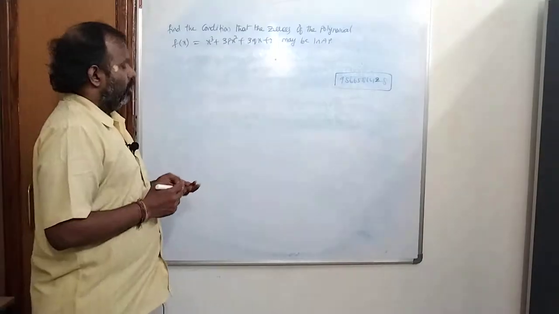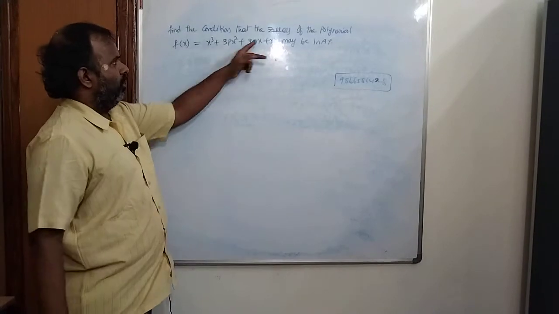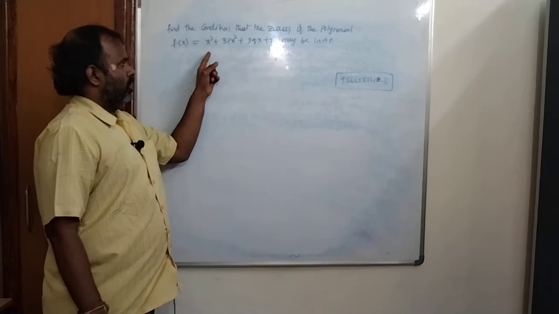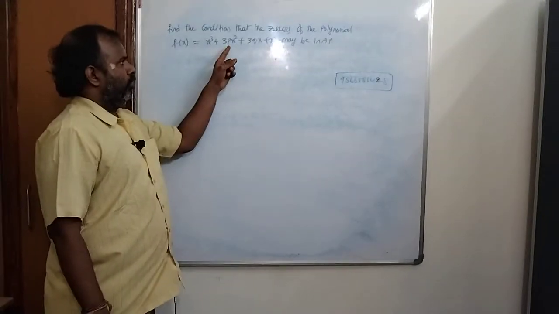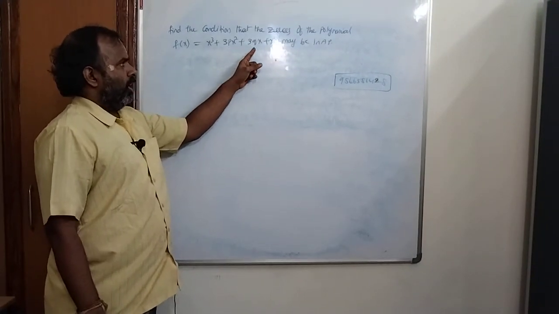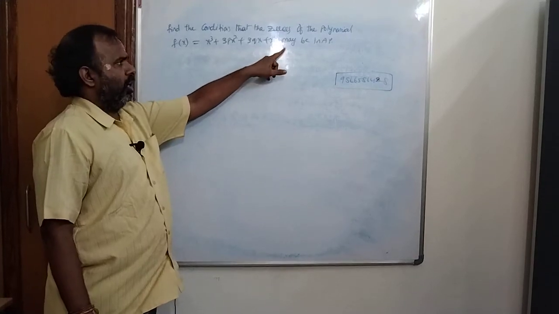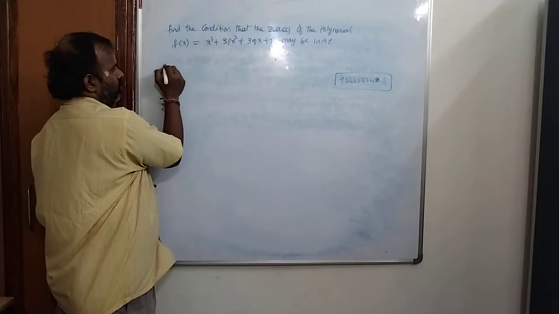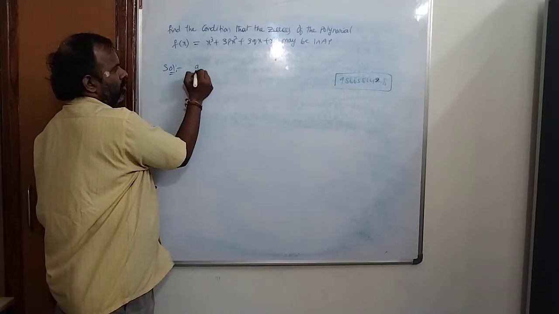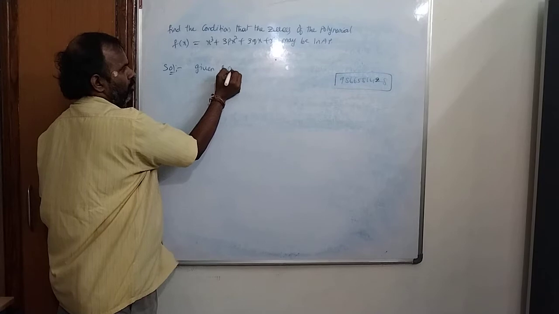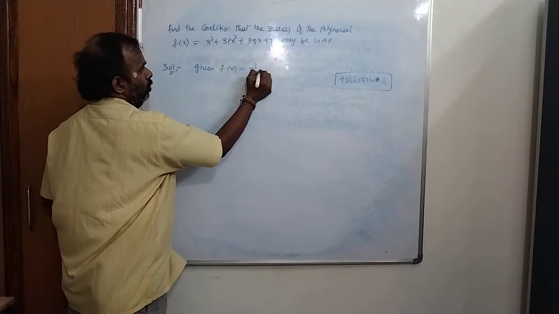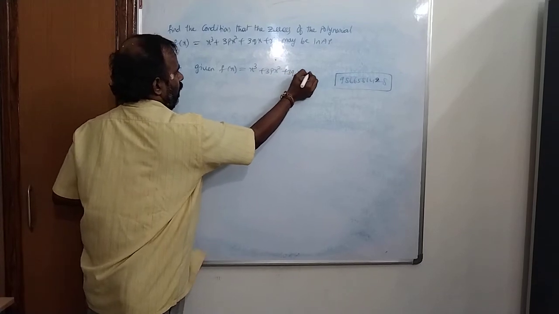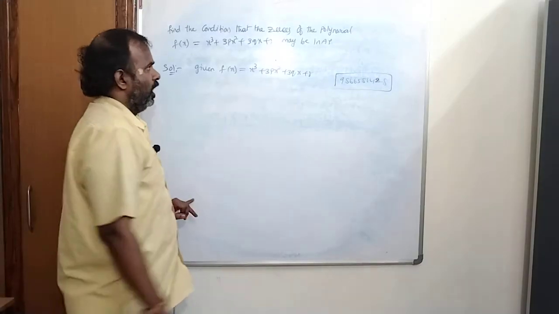Now here find the condition that the zeros of the polynomial f of x is equal to x cube plus 3p x square plus 3qx plus r may be in AP. So here, first solution: given f of x is equal to x cube plus 3p x square plus 3qx plus r.